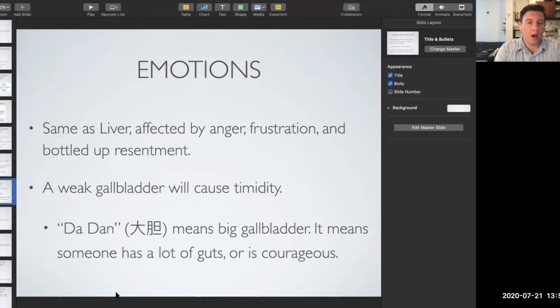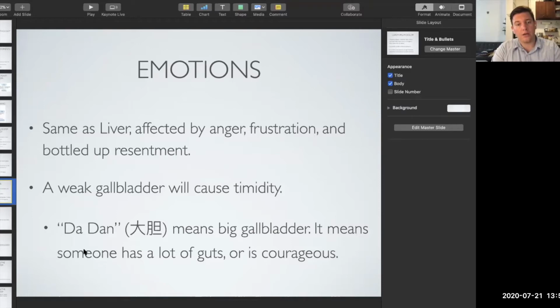So a weak gallbladder will cause timidity. So kids who are often hiding behind their parents at an age that's like they're 10 and they're hiding behind their mother in public, like they're kind of at an age where we'd hope that wouldn't be happening. If you're seeing that kid clinically, you might be working on their gallbladder to help bring out more of their da dan, their courage, their guts.